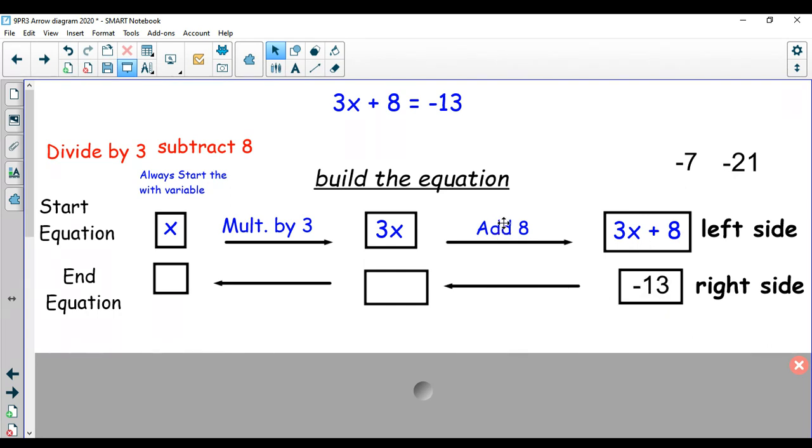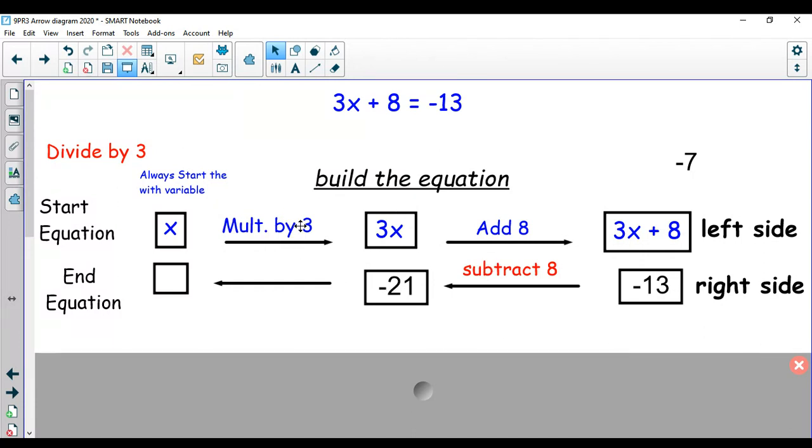What is the inverse of adding 8? Subtracting 8. So I subtract 8 from negative 13. Key point, negative 13. Sorry, my bad. Negative 13 minus 8, that equals negative 21. So then we go, what's our next step?